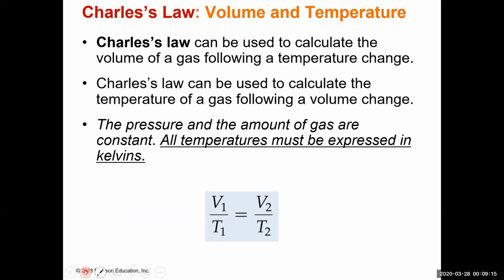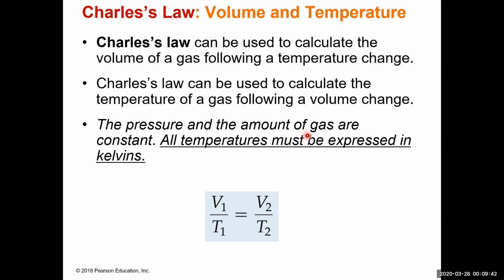So Charles' law can be used to calculate the volume of a gas following a temperature change. It can also be used to calculate the temperature of a gas following a volume change. Remember that for Charles' law, we have to assume that the pressure and the amount of gas are constant.